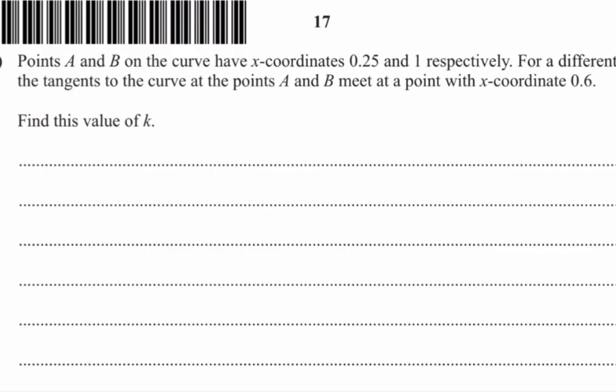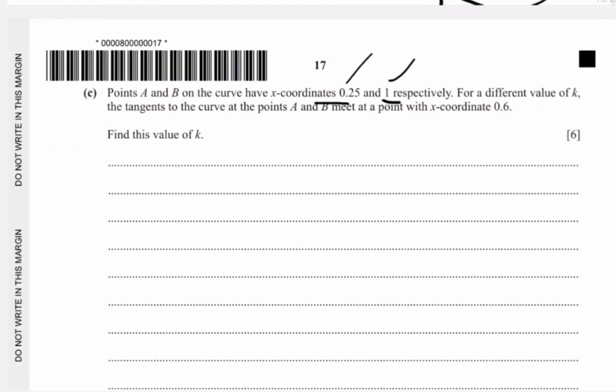So let's try and make use of the equations that we have already. So points A and B on the curve have x coordinates this and that, meaning this for A and this for B. Right?